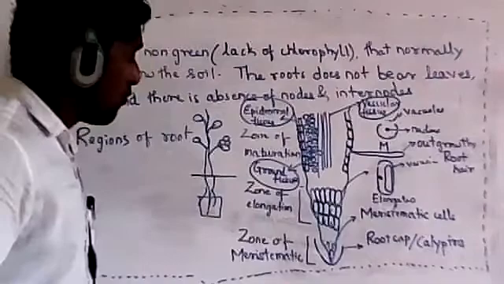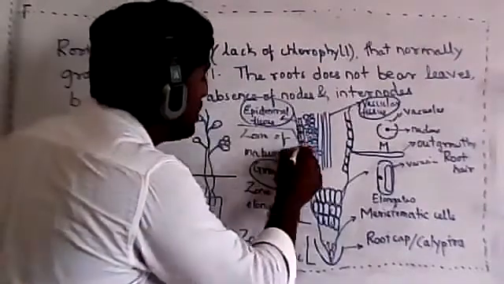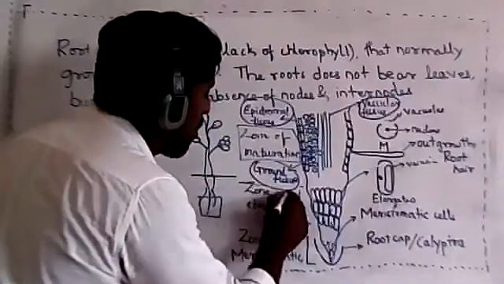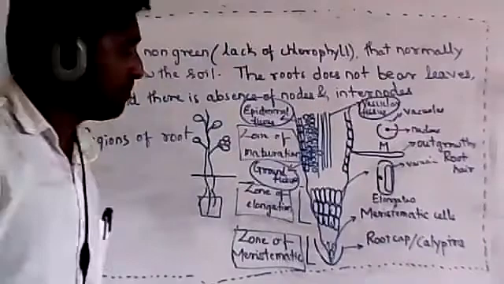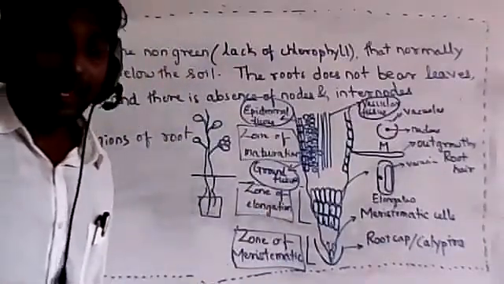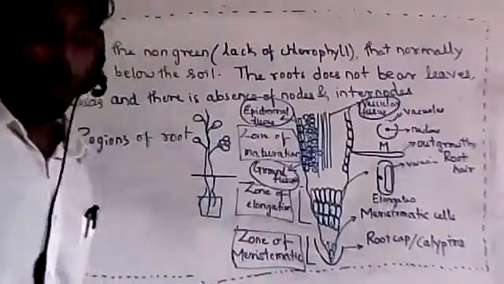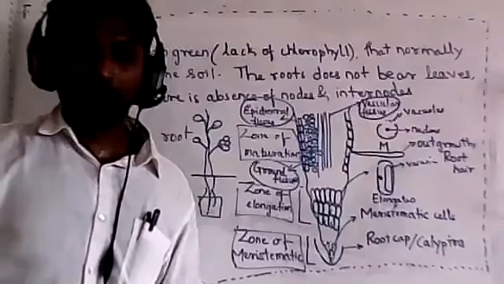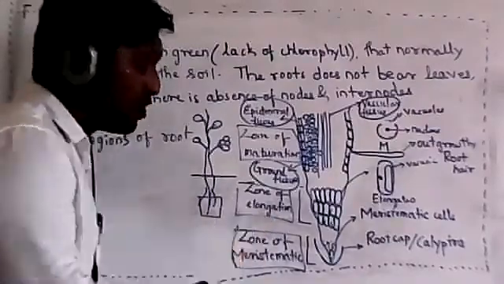Okay, zone of elongation. So these are the three zones of the root: the meristematic zone, the zone of elongation, and the zone of maturation.